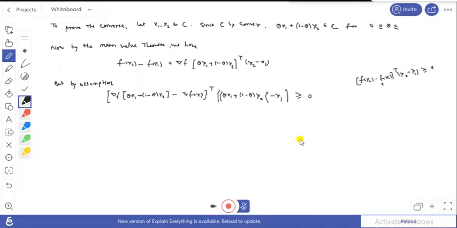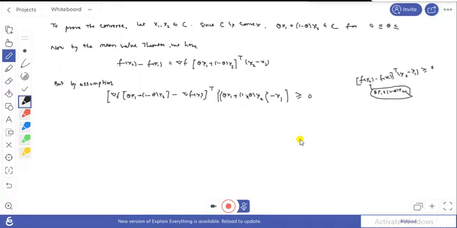So here we take this point in place of x2, that is, you take a convex combination of these two points. So that's why we take this point here, and similarly we are putting it here.